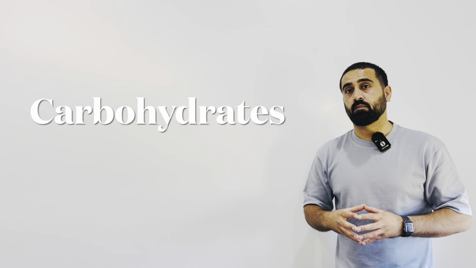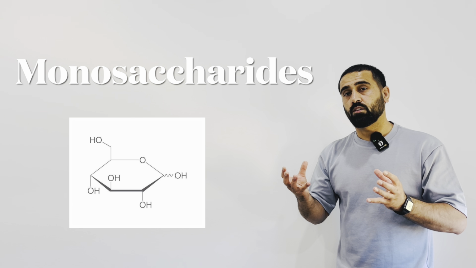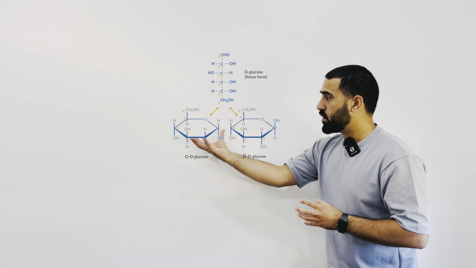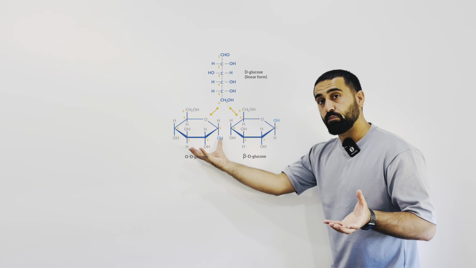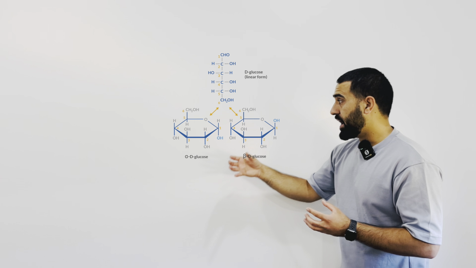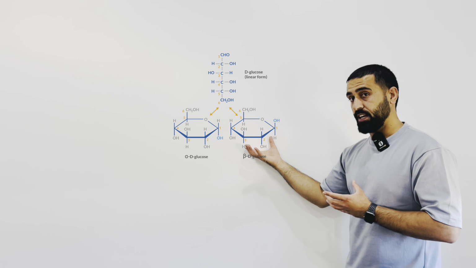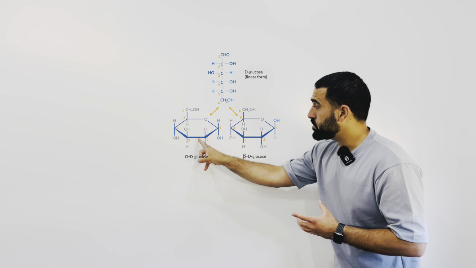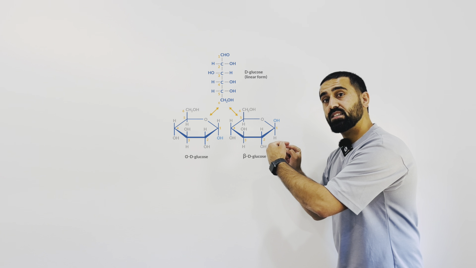The first macromolecule that we would like to discuss is carbohydrates. Carbohydrates are made from smaller subunits called monosaccharides. When one monosaccharide, for example glucose, combines with another monosaccharide, another glucose, the hydroxyl ends of each one meet.